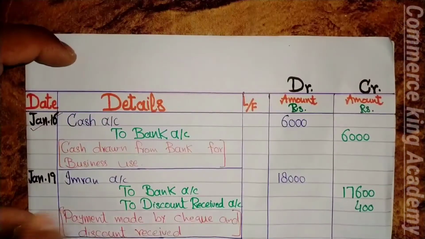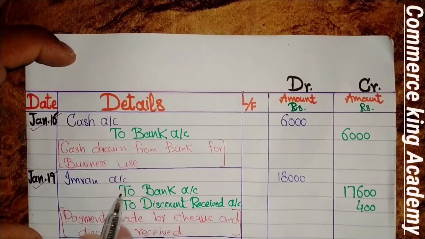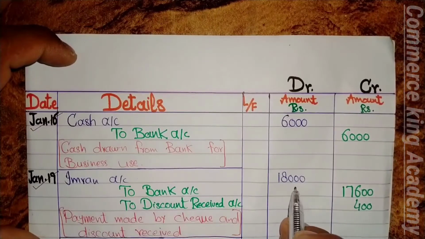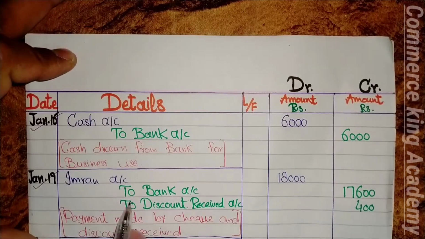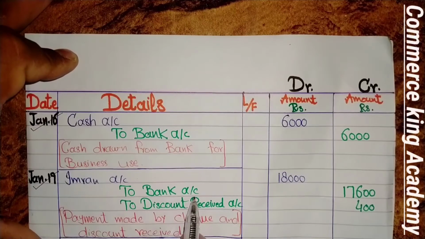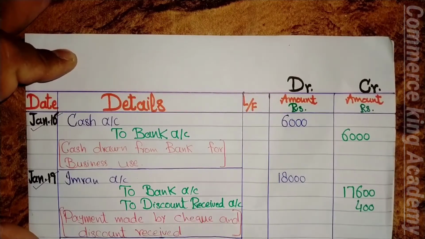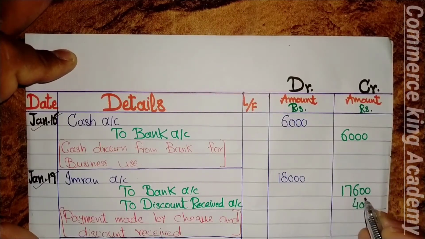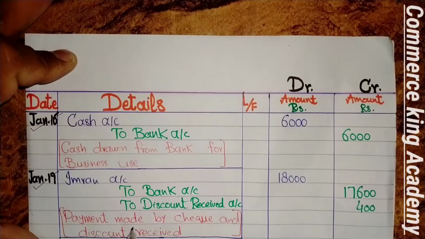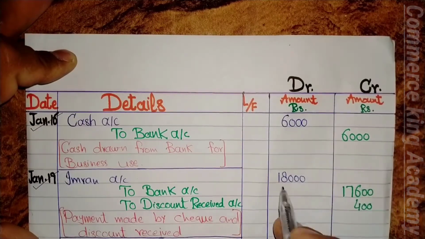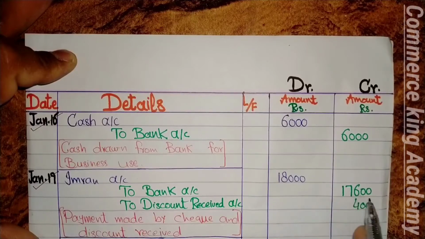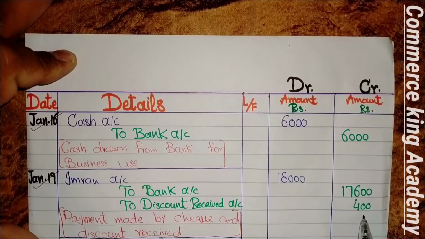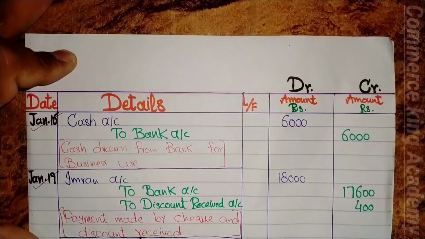So the journal entry will be Jan 19, Imran account debit amounted 18,000 rupees and then to bank account credit, because payment was made by bank account, 17,600 rupees. Ultimately the difference of both amounts, 18,000 and 17,600 rupees, is 400 rupees. It will be the discount received for the business.